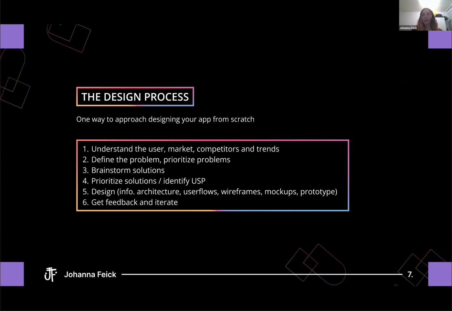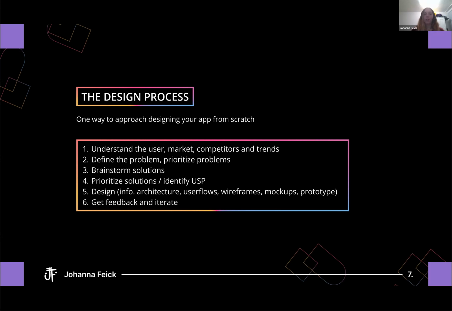So now we've talked a little bit about design principles. We talked a little bit about how to build the design system. But of course, the most important part is the actual design process. Whenever you're doing product design, and I have to say that there are significant overlaps with product management as well, you have to understand the user, market, competitors, and trends.